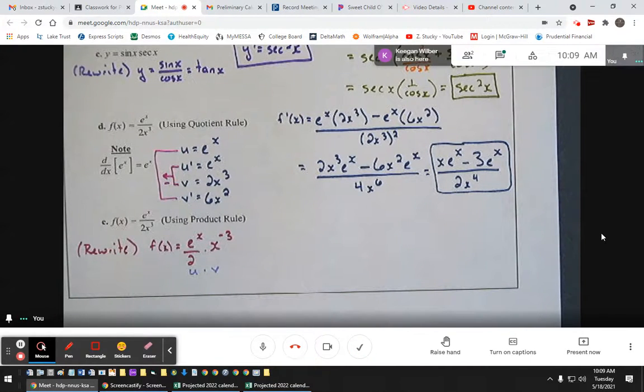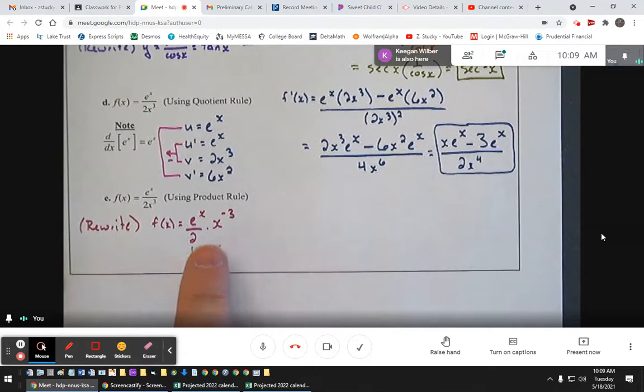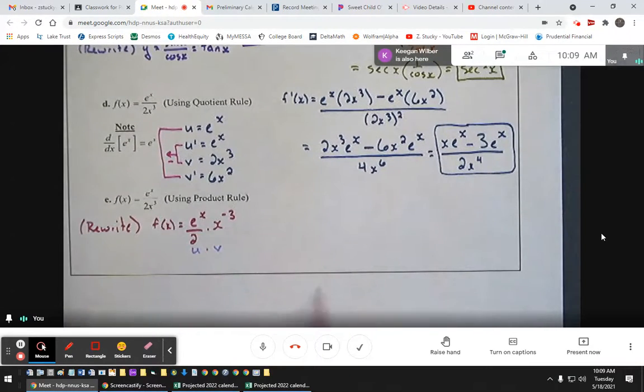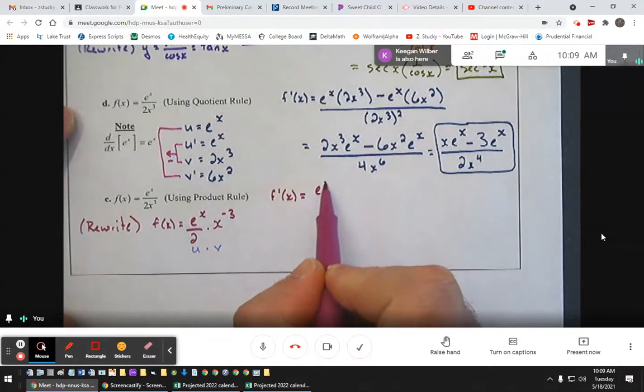What do you think? All right, now I'm going to do the product rule without my u's and v's. I'm just going to do it in my head. So the product rule is u prime, so that would be this prime. So what's the derivative of e to the x? E to the x. So what's the derivative of e to the x over 2? E to the x over 2.